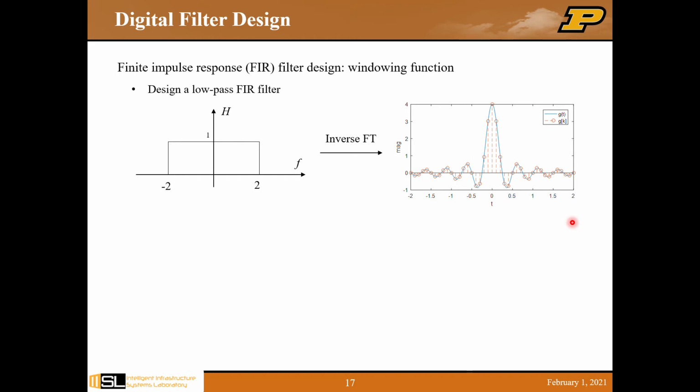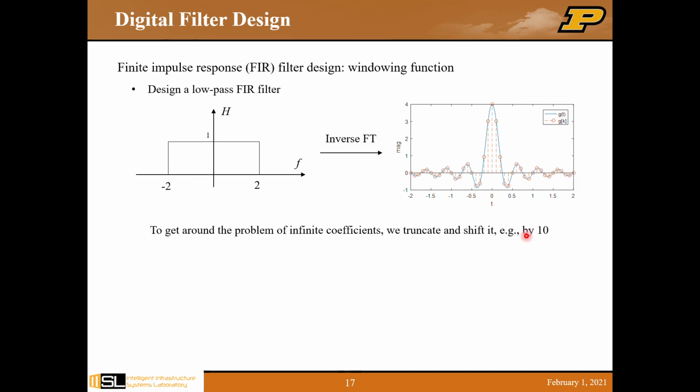It's not easy to do, so to get around this problem, we truncate the signal. We assume that beyond maybe 10 points from the center here, we can neglect the other data points and assume that they are 0.